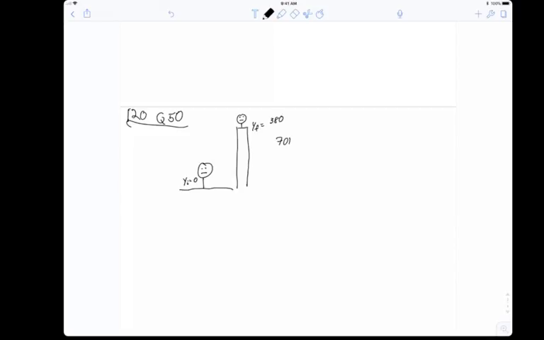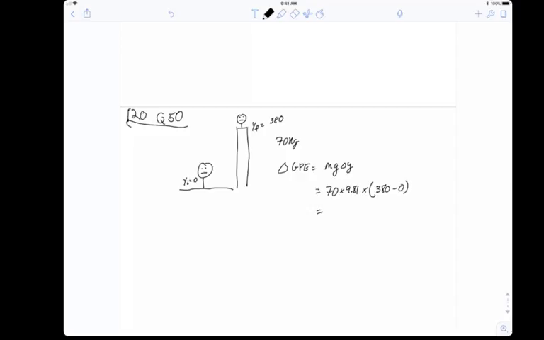Use 70 kilograms. All right. We want to know the change in the gravitational potential energy. So that's going to be mg delta y. That's the formula I'm using. 70 times 9.81 times, how's the y changed? Y initial was 0. Y final is 380. Alright.